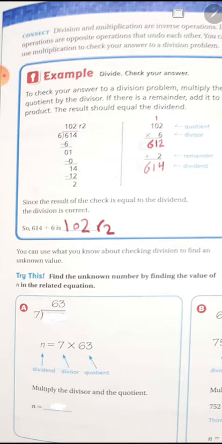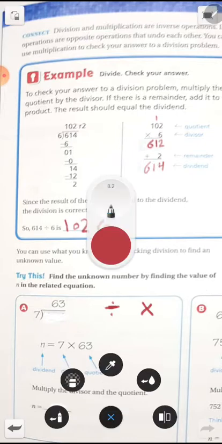If I want to find the dividend, you know, multiplication and division are inverse operations. So I have to multiply the quotient with the divisor, right? There is no remainder here.